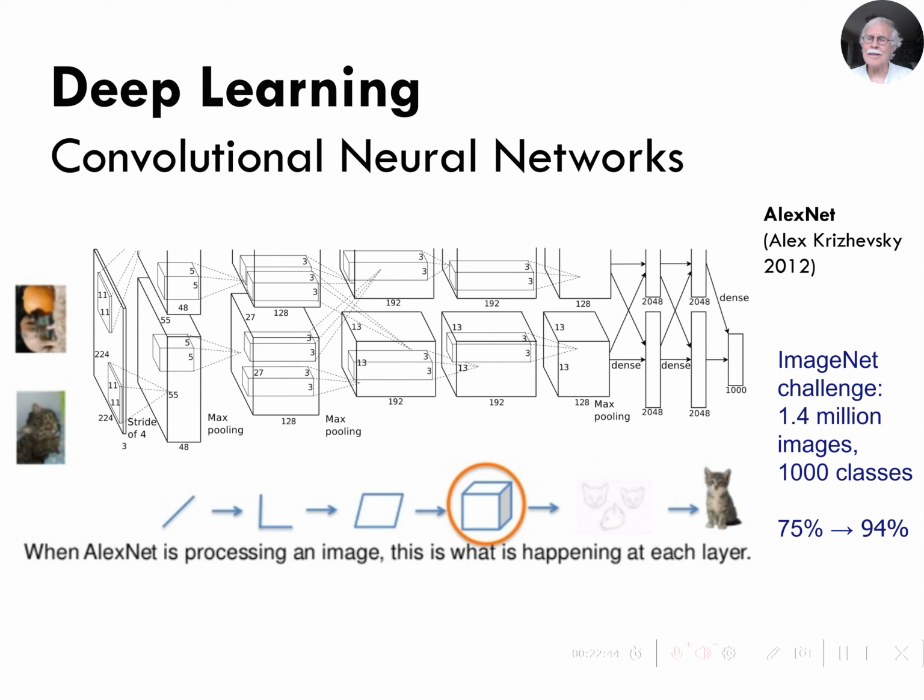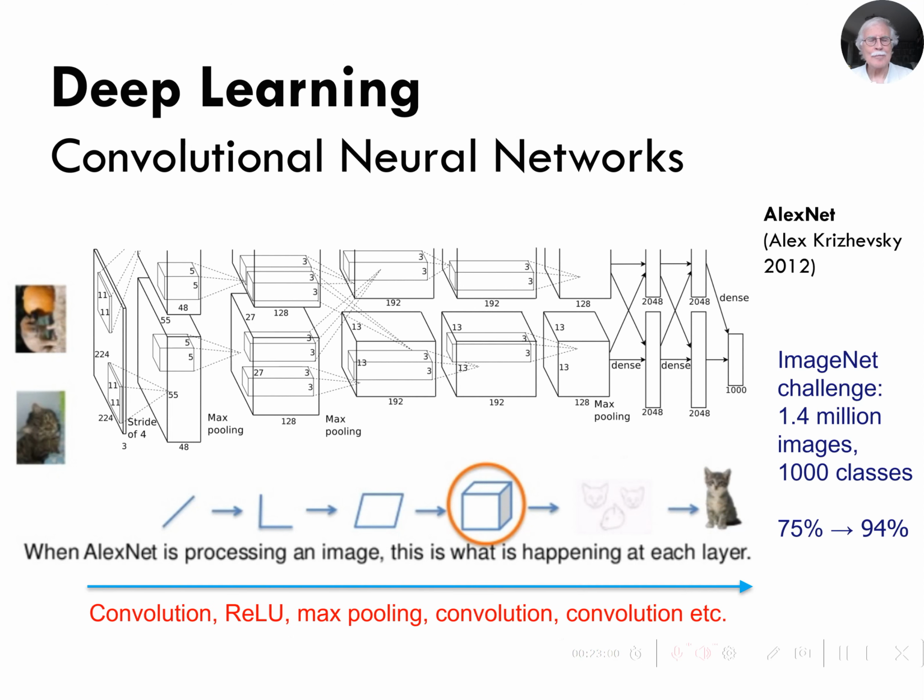Can you properly classify 1.4 million images into 1,000 classes? And he made a step of about 12%. It was an incredibly big step. Today we are at 94%. And what happens is that you put in an image to the left, you process it through all these network layers, but you don't know what all these connections are.